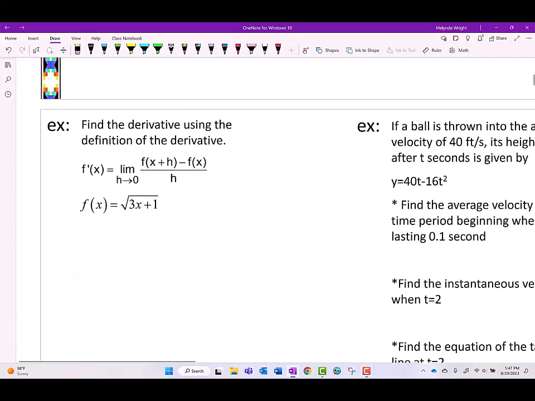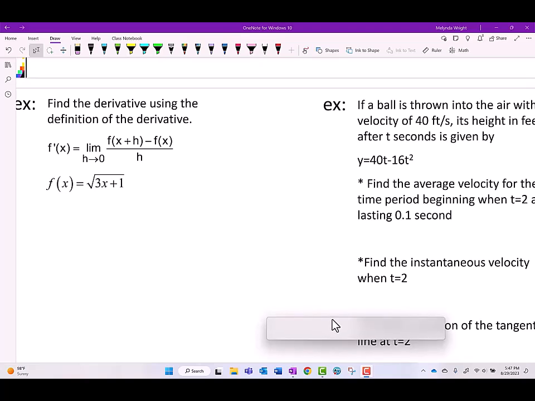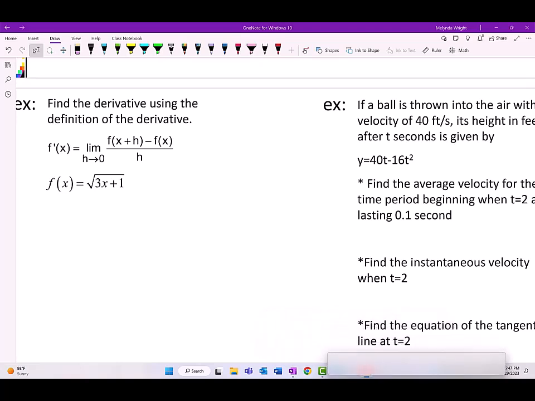All right, let's take a look at this problem that we're going to work by using basically the definition of the derivative. We're going to find the derivative using the definition of the derivative. Okay, great. So let's populate that formula. Let's see how we do that. So this is function notation, so I'm sure y'all are familiar. This portion right here, I'm going to put where the x is.